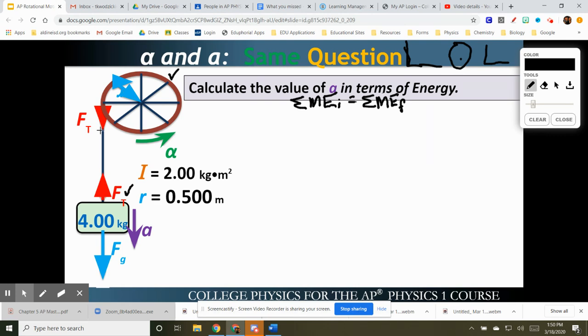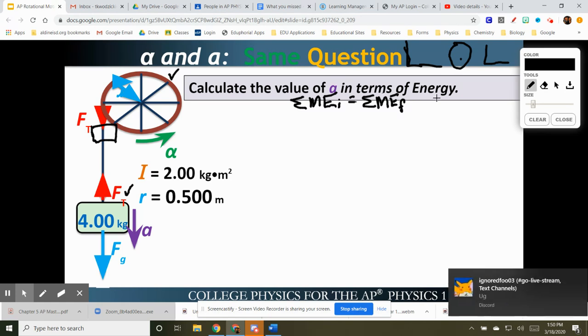So imagine the block is up here. This is the block. Okay, this is our first spot. What kind of energy does the block or the wheel have? Yeah, there's UG.